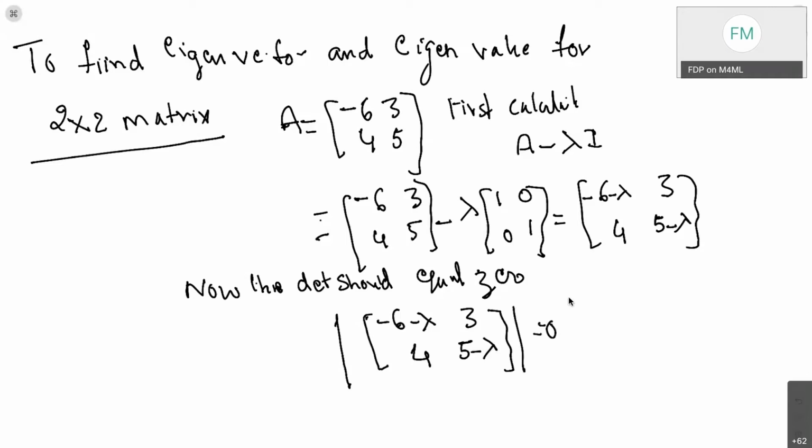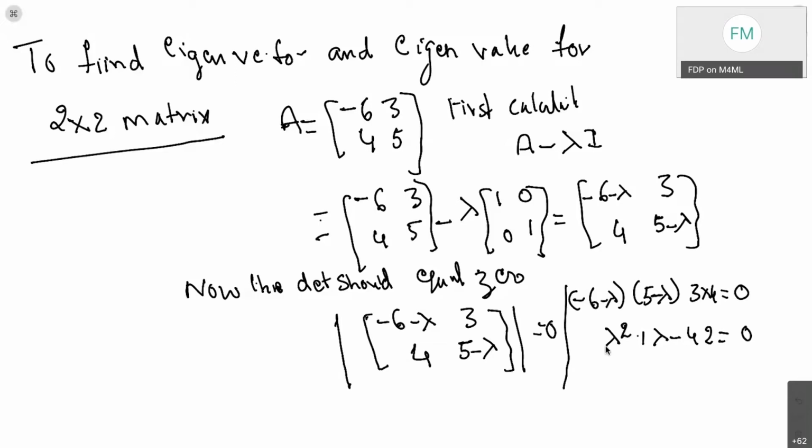To solve this, it is (-6 minus lambda)(5 minus lambda) minus 3 into 4 equal to 0, which gives a quadratic equation, lambda squared plus lambda minus 42 equal to 0.